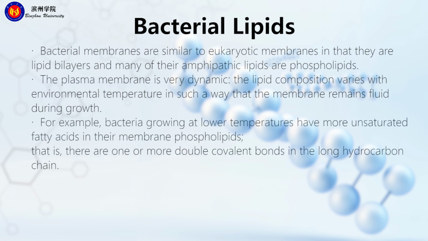For example, bacteria growing at low temperatures have more unsaturated fatty acids in their membrane phospholipids. That is, there are one or more double covalent bonds in the long hydrocarbon chain.